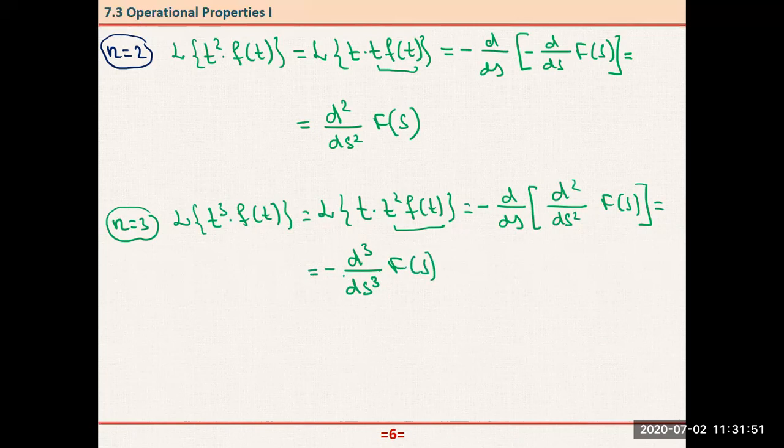So when it is 1 minus, when it is 2 plus, when it is 3 minus, when it is 4 plus. So now we can generalize. There's a pattern here, as you see.